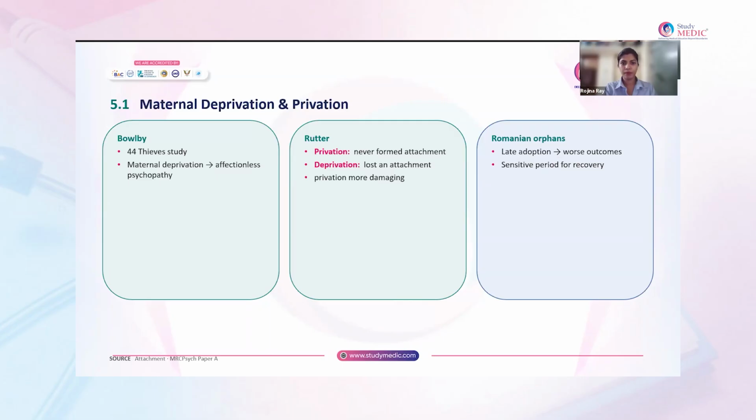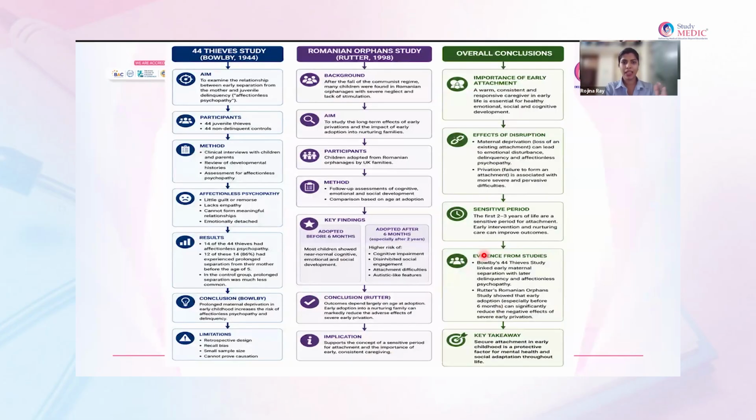So, moving on. Here I have tried to summarize the difference between the two studies. Maternal deprivation is based on Bowlby's study called the 44 thieves study. He compared 44 juvenile thieves with 44 controls, investigating whether early maternal separation was linked to juvenile delinquency.